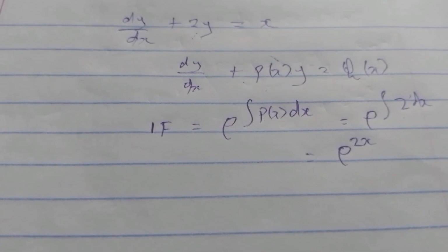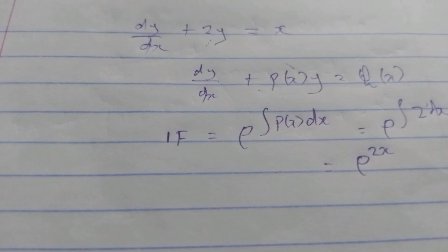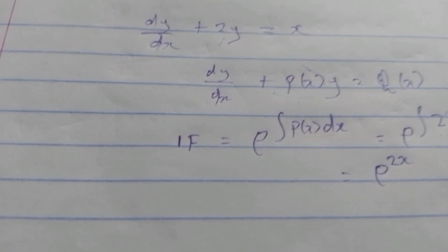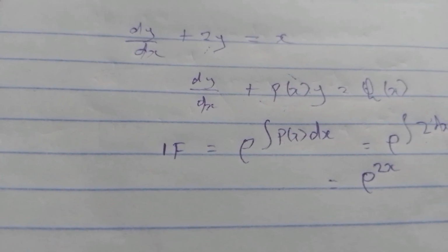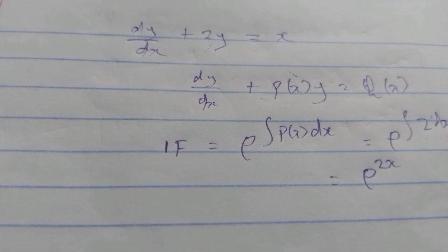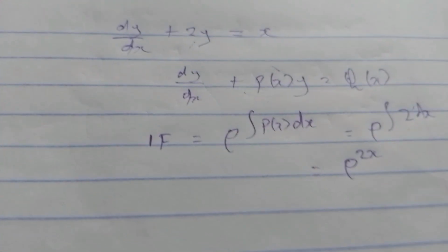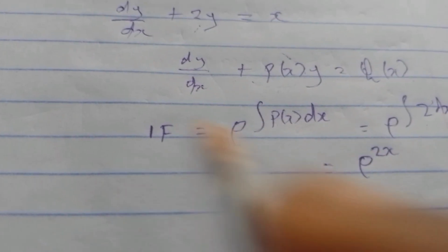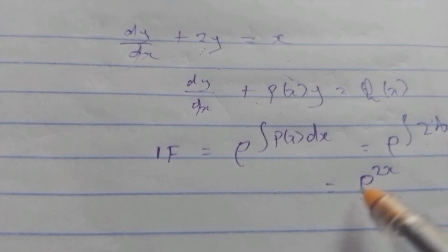We are going to be using the general method first of all before we use the formula method. So the first step you must write down is that you must look for your integrating factor. That is the first step in the general method. You must look for your integrating factor, after which you multiply each term of the equation by the integrating factor. So we are getting our integrating factor to be exponential 2x. So the next thing to do now is to multiply each term of this equation by the integrating factor.